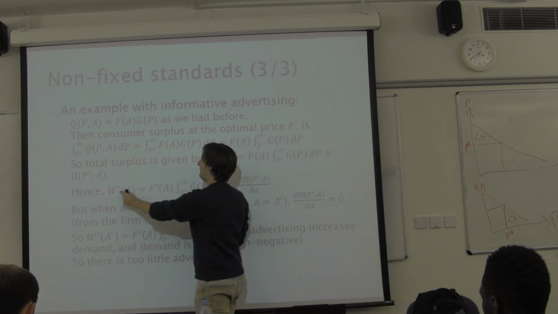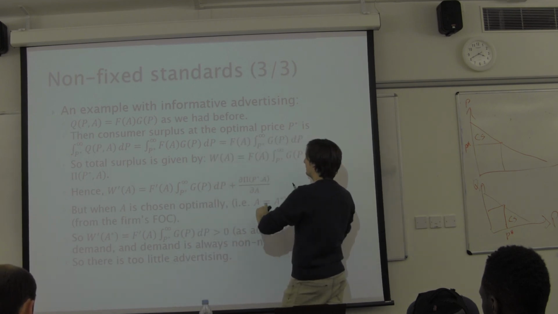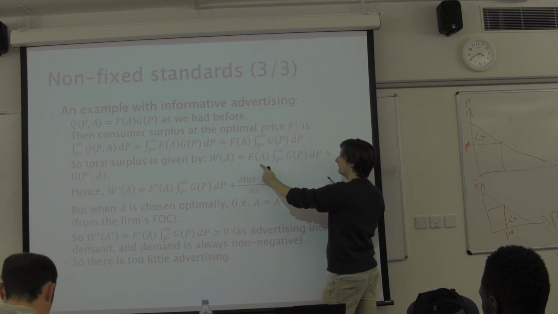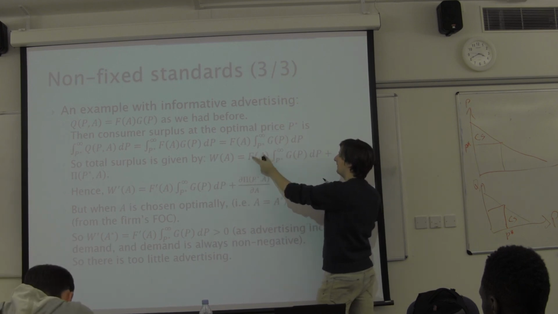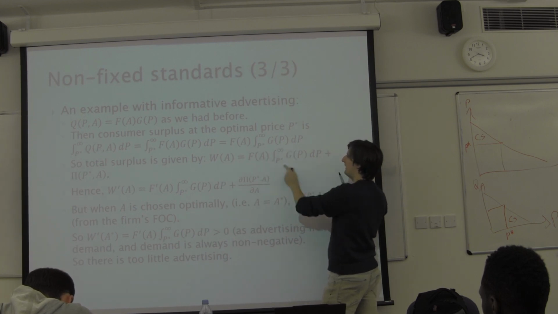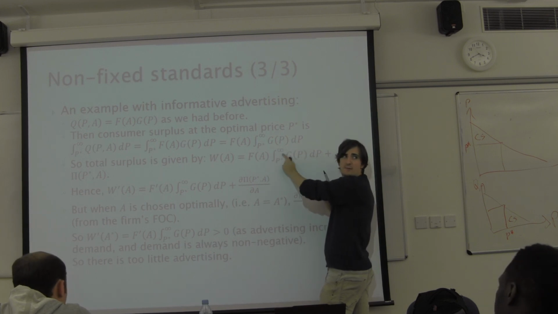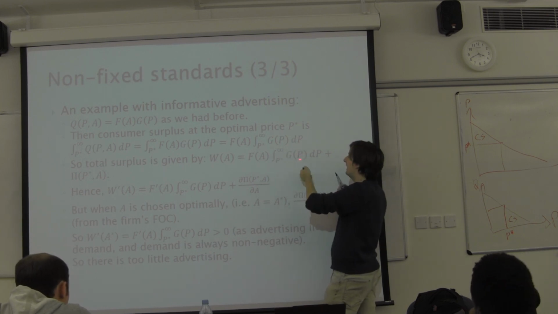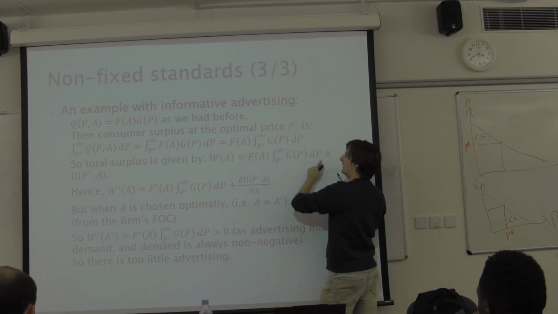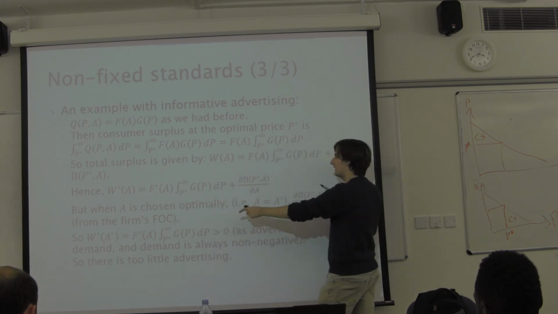So what's the effect of advertising on welfare here? Let's take the derivative of this thing. We're going to get F dash A times the integral. There would be another term with the derivative of this with respect to advertising, but advertising doesn't occur in there.